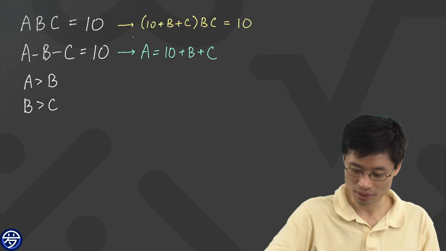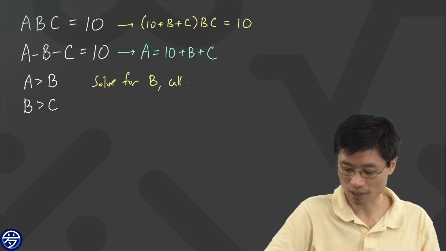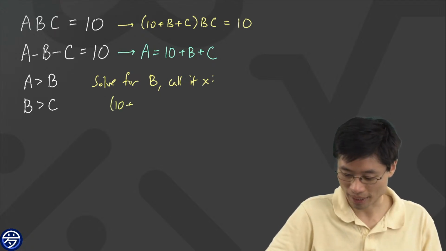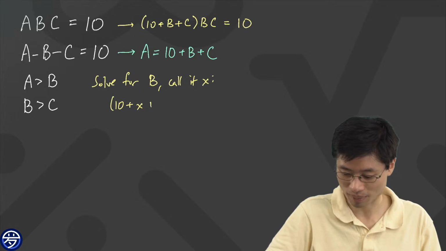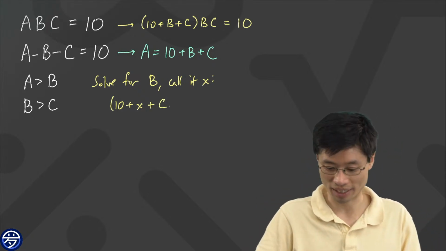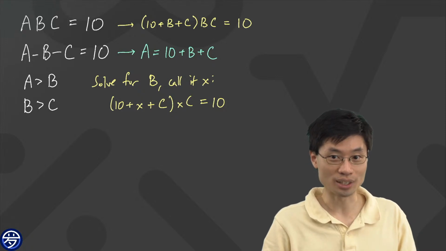Let's solve for B. Call it X. Now what I have is an equation that says 10 plus X, I don't know what B is so I'm calling it X, plus C, times X times C is equal to 10. I want to solve this for every possible value of C. Hey, it's a quadratic equation.